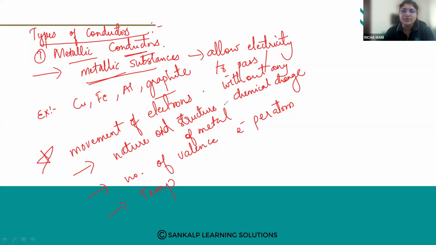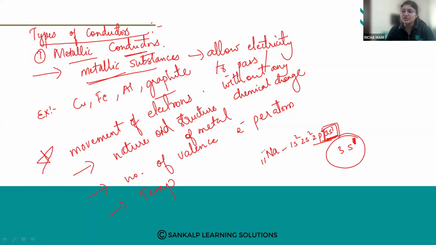Take sodium metal. If you write the electronic configuration, it is 1s2, 2s2, 2p6, and 3s1. Counting 6, 7, 8, 9, 10, 11, the last electron, 3s1, is the valence electron. So the conduction is due to the presence of this valence electron.